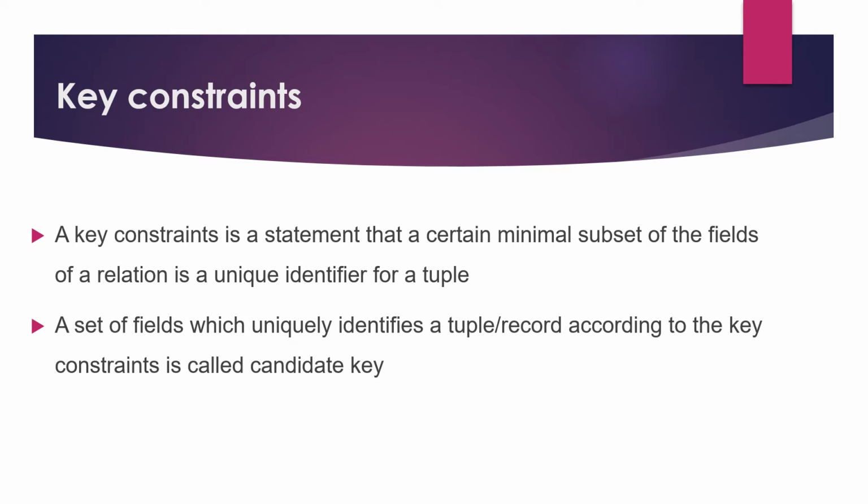We already saw key constraints. A key constraint is a statement that a certain minimal subset of the fields of a relation is a unique identifier for a tuple, and a set of fields which uniquely identifies a tuple or record according to the key constraint is called a candidate key.